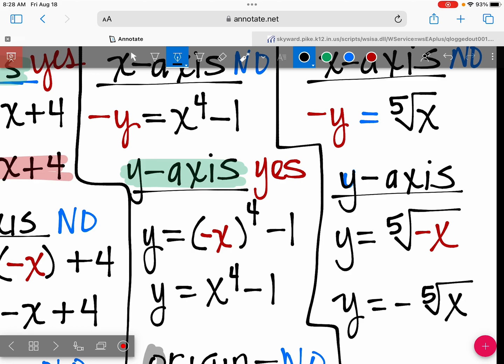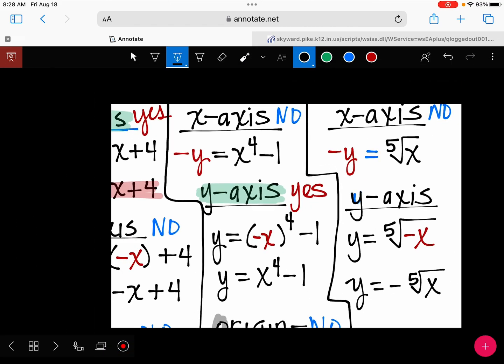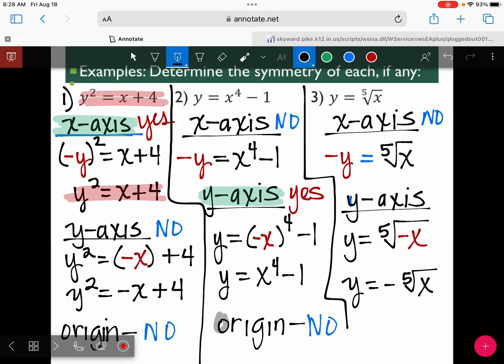So even though the x switches back to positive, because I'm taking the 5th root of negative 1, the 5th root of negative 1 is negative 1. But regardless, that is not a match to my original equation. So this is a no. So my origin is also going to be no.